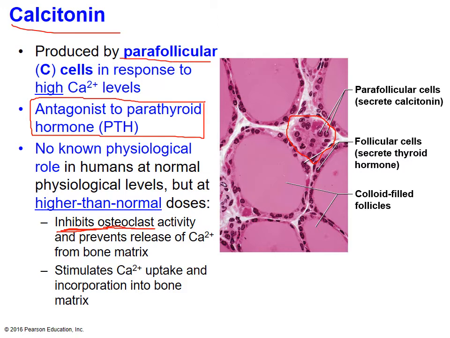It responds to high calcium levels, and its mechanism of action is to lower the calcium by inhibiting osteoclasts, increasing osteoblasts, and thereby allowing the bones to take up more calcium so that the calcium in the bloodstream is reduced.